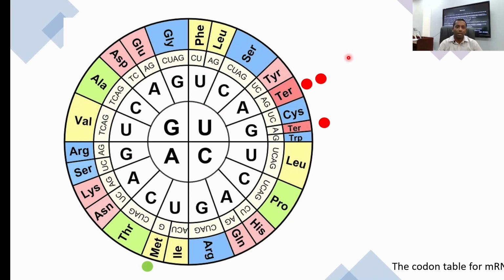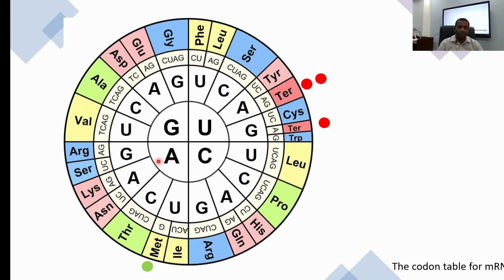So we have codon tables. Actually, if you read a textbook, you will find a table of codons for mRNA. But I have used this image here, this circular diagram. It does the same. You start at the center, so that's the first nucleotide. Then the second ring is the second nucleotide, and the third ring is the third nucleotide.